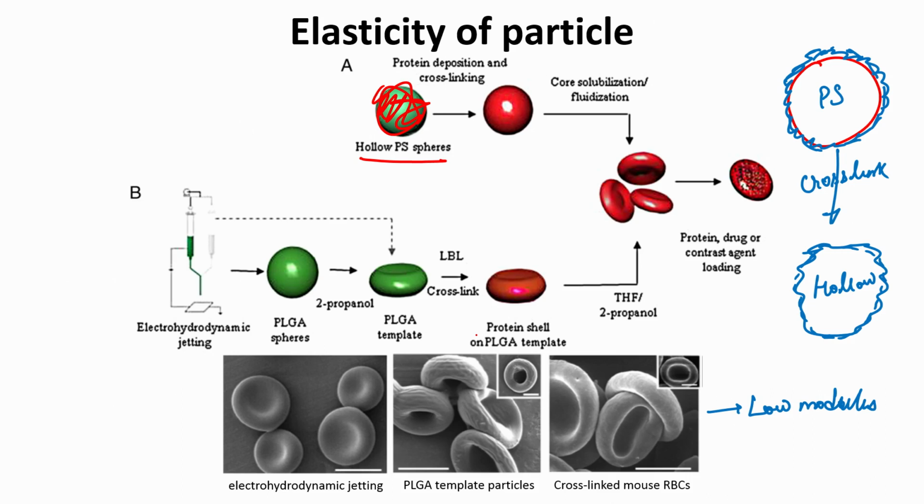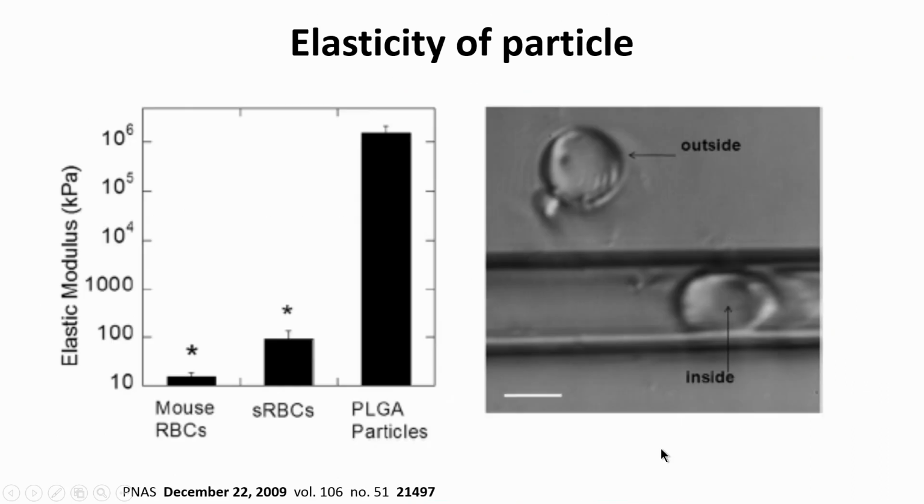Here is just an example, here they are showing their actual particle, and here are cross linked mouse RBCs. So, they look very similar. What the authors are reporting here is they have been able to mimic the RBCs using this particular method. So, this is another alternative to what we discussed in the previous slide.